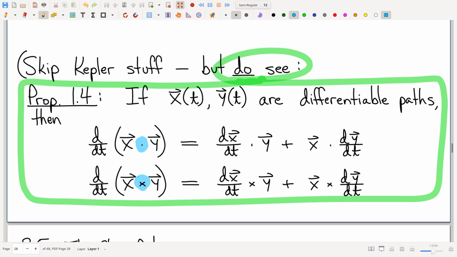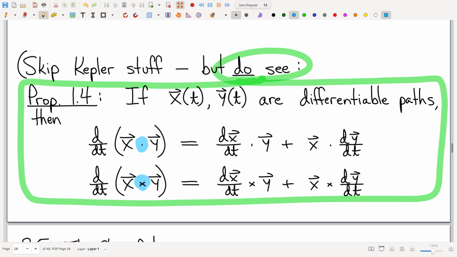What happens when you take the derivatives of these products? They're not products of Calc 1-esque functions. These are dot and cross products of vector-valued functions. Nevertheless, we're talking about derivatives of products. Therefore, these could reasonably be called product rules.